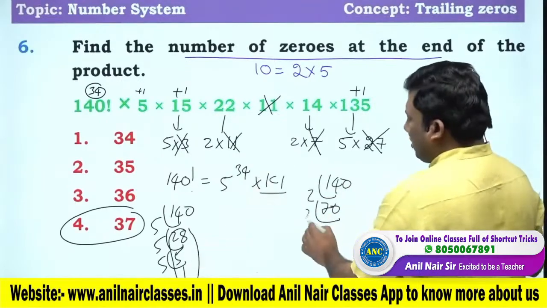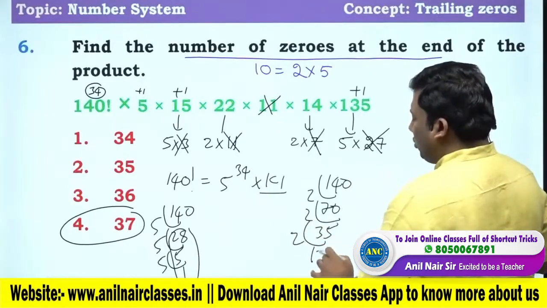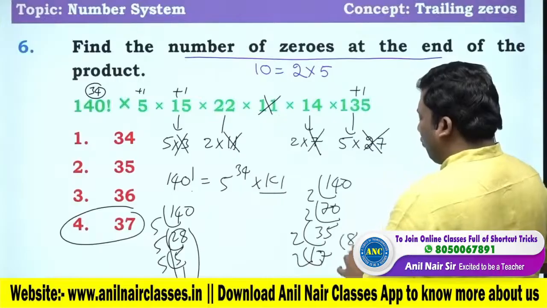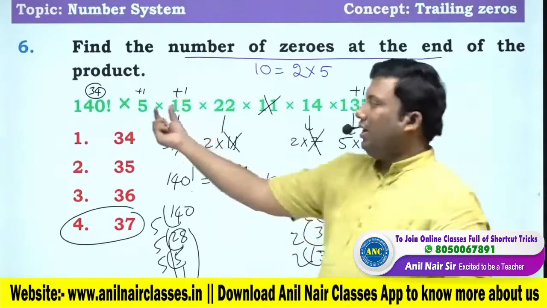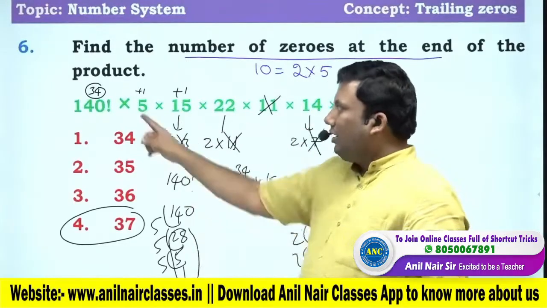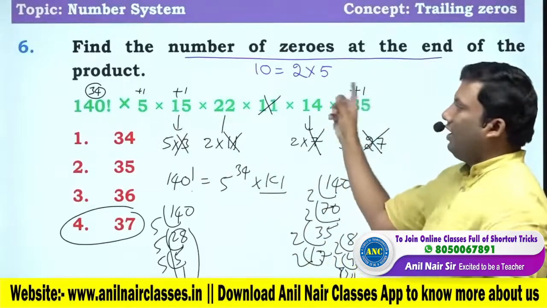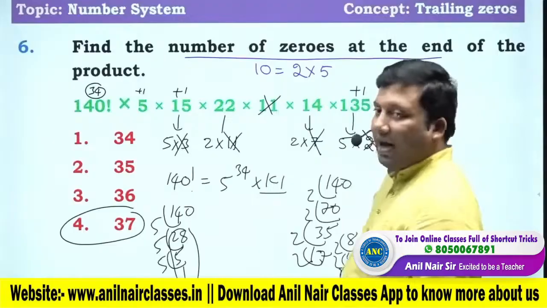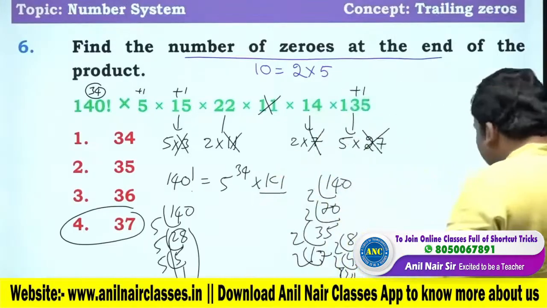But here it is close to 34. So 2 you don't need to take. 2 8s are, 2 4s are, 2 2s are, 2 1s are. Are you all with me? So here 34 are there, and 1, 5 here, 1, 5 here, and 1, 5 here. 34 plus 3, the answer will be 37. I hope the idea is clear.